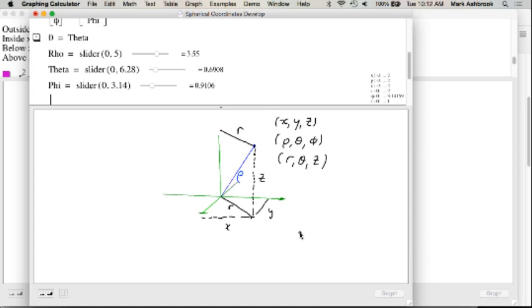Okay? So now, where would you draw theta? So everyone, where would you show theta in this picture? I'll do angles in red. So this is theta here. Okay? That's also up here.